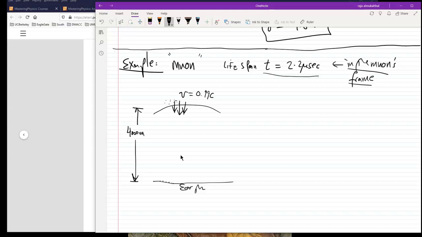The question is, how do they manage to get here to the surface of the Earth? Let me show you what I'm saying. If I know their speed and I know their lifespan, 2.2 microseconds, the maximum distance they're going to travel is x = vt. Their velocity is 0.99c, where c is 3 times 10 to the 8, multiplied by 2.2 microseconds, which is 2.2 times 10 to the minus 6 seconds.